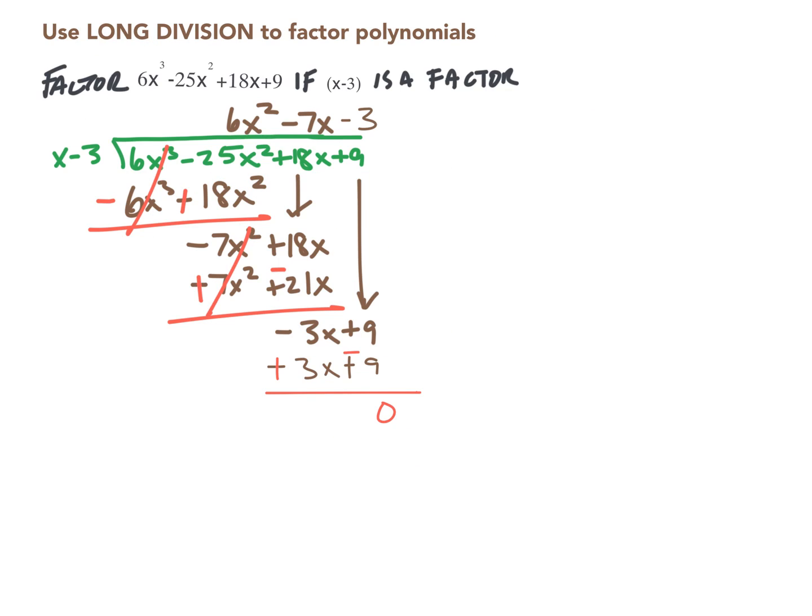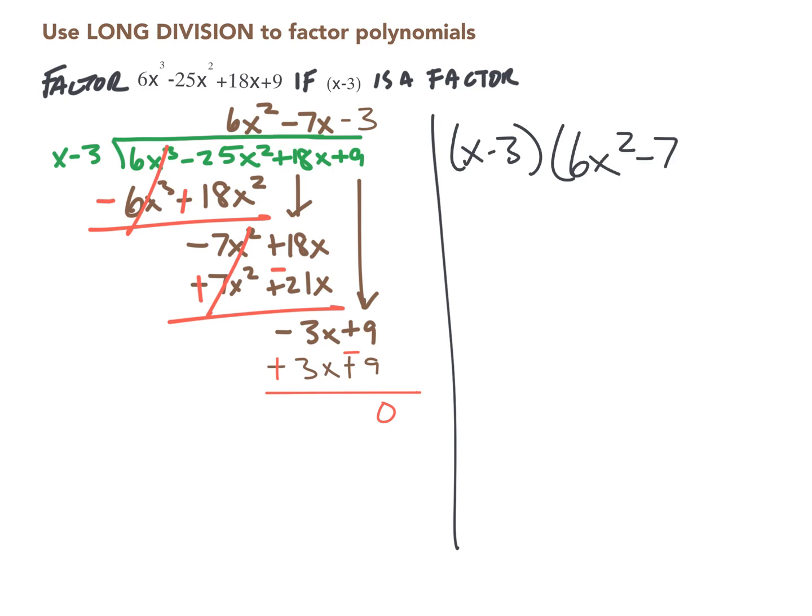Alright, so let's think about what we just did. We showed that this polynomial divided by this binomial gave us this polynomial. And what that means is x minus 3 times 6x squared minus 7x minus 3 is equal to 6x cubed minus 25x squared plus 18x plus 9.